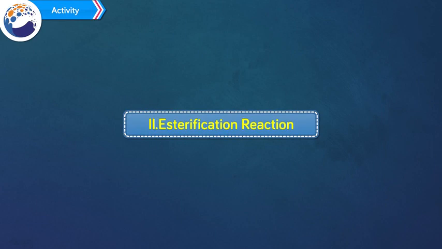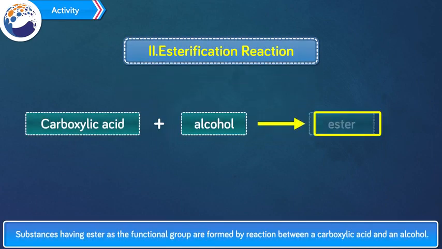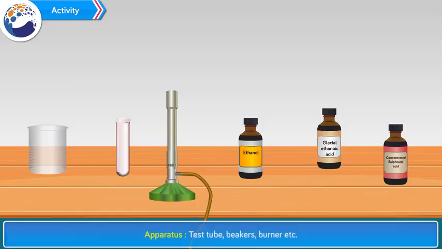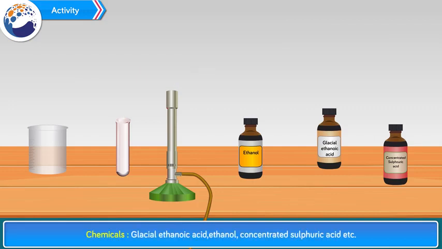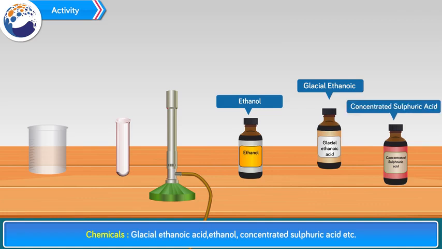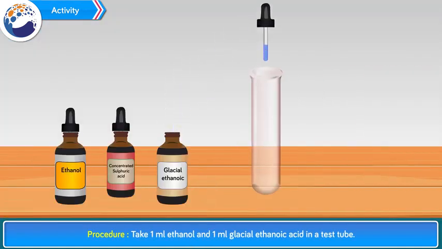Esterification reaction. Substances having ester as the functional group are formed by reaction between a carboxylic acid and an alcohol. Apparatus: test tube, beakers, burner, etc. Chemicals: glacial ethanoic acid, ethanol, concentrated sulfuric acid, etc. Procedure: take 1 ml ethanol and 1 ml glacial ethanoic acid in a test tube.